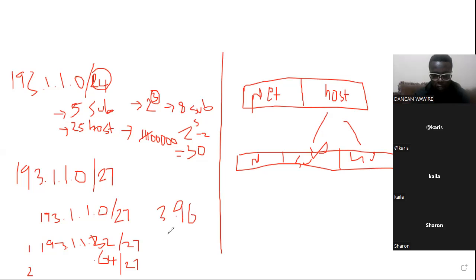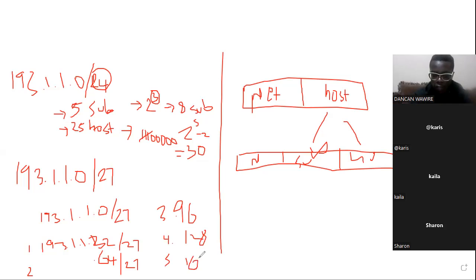The fourth one from hapo itakuwa ngapi? 96 plus 32, 128. The fifth subnet itakuwa na ngapi? Ongeza tu hapa 32, 160.